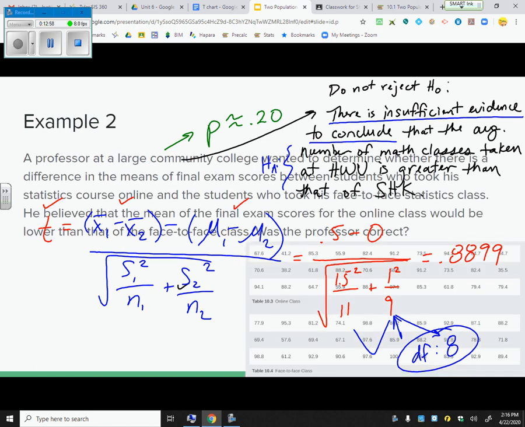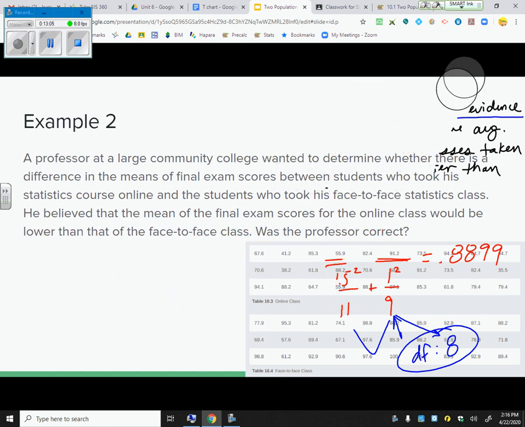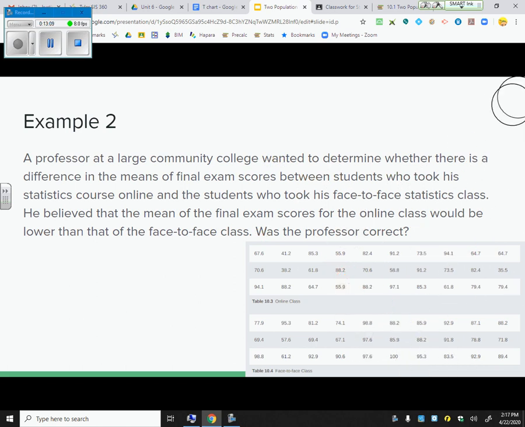All right, we are almost there, guys. So I'm going to let you guys do this one. There's a little bit more detail on this. On this one, it doesn't tell you what the average is or the standard deviation. You've got to go into your graphing calculator and find it yourself.